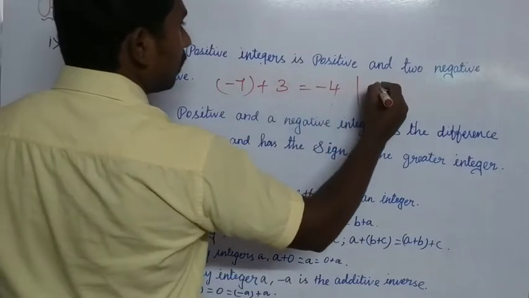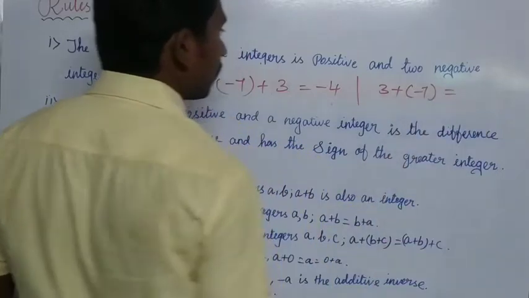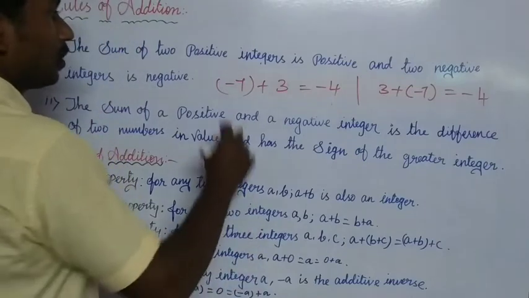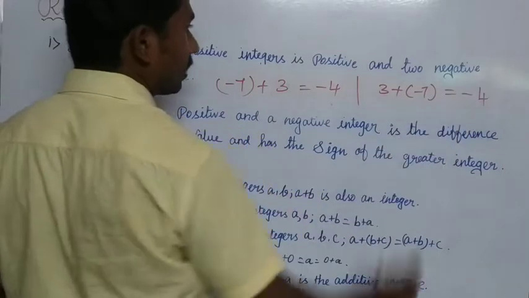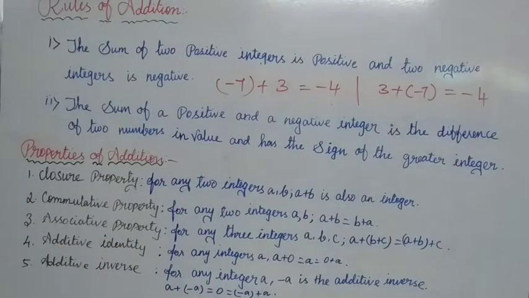Then 3 plus of -7. This also has the same answer, -4. Both are equal. So -7 plus 3 is -4, same as 3 plus -7 is -4. These are examples for the commutative property.